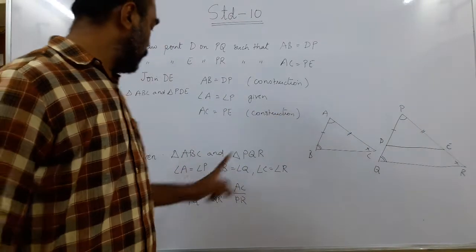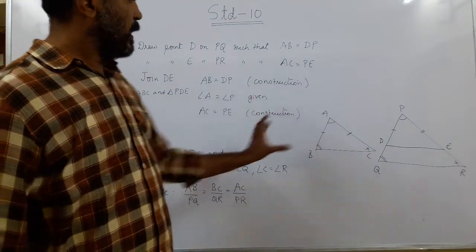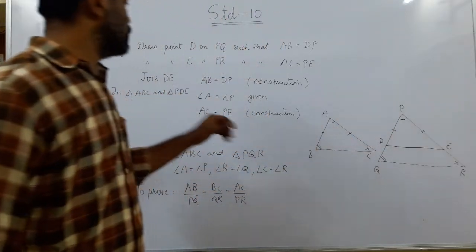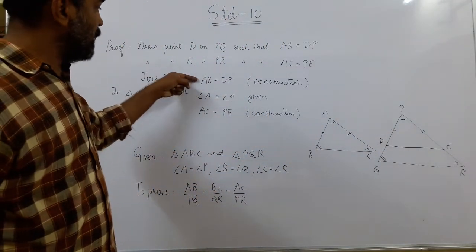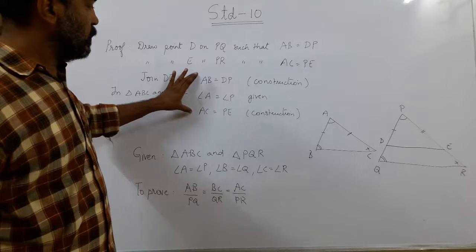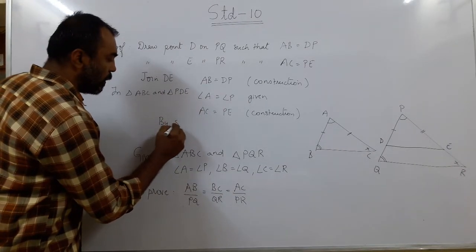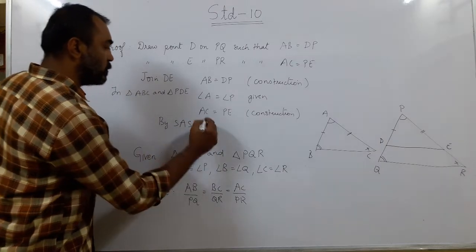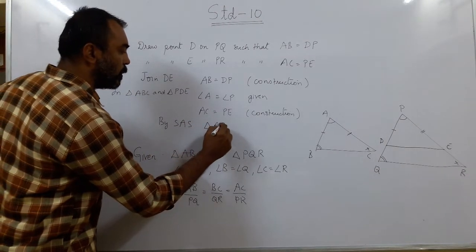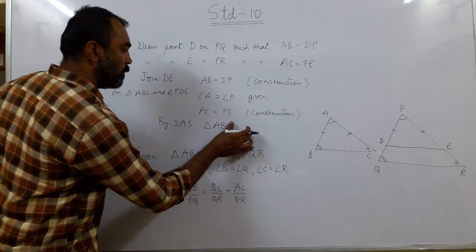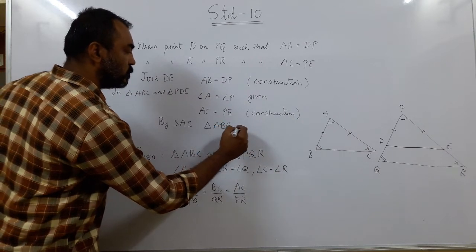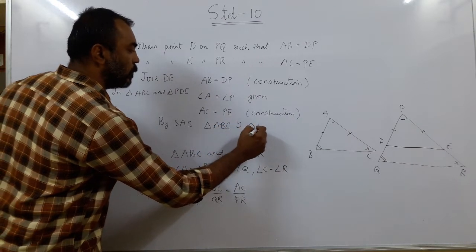Angle A equal to angle P was given to me and AC equal to PE by construction. So by side, angle, side. See? 9th standard theorem. By SAS theorem, these two triangles are congruent. Triangle ABC is congruent to triangle PDE.